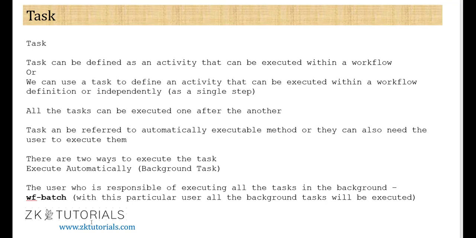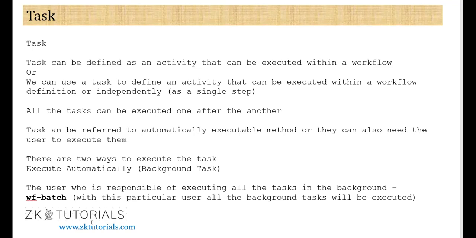Now, there are different types of objects which can be used to execute methods, function modules, or business objects. We will discuss many of these in the coming sessions, but right now understand that a task which can be executed automatically is known as a background task.